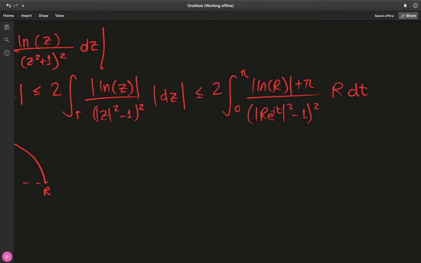And mod of r times e to the it: e to the it mod is just 1, mod of r is r, so we have basically equality with this expression.